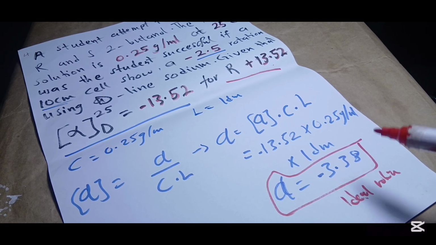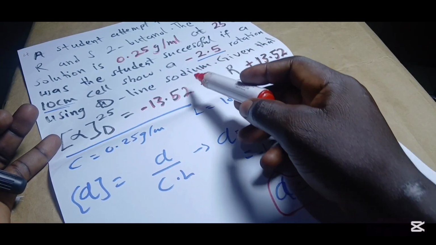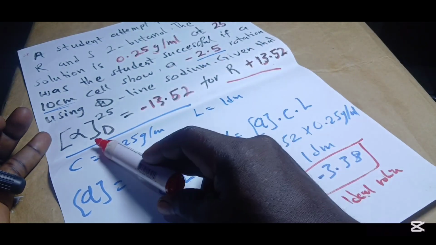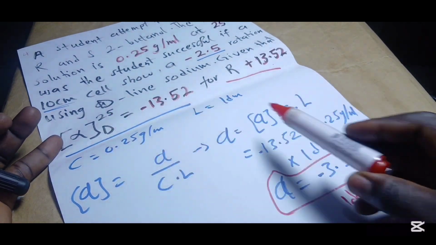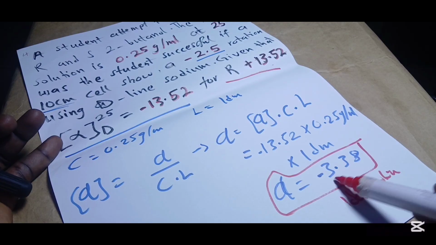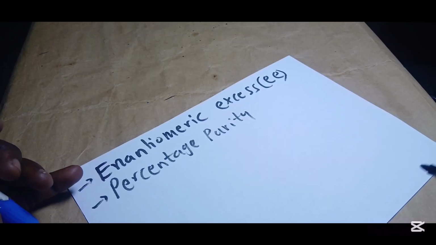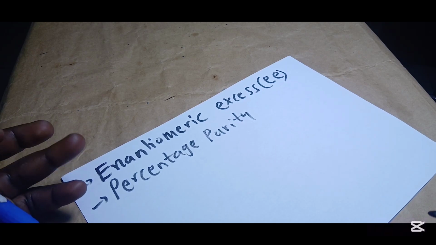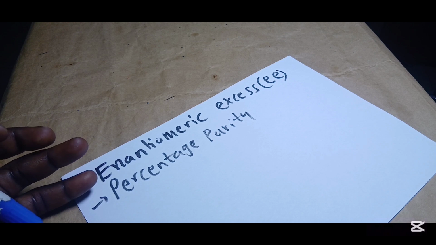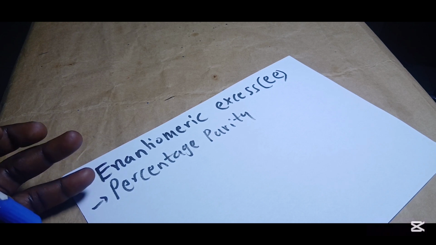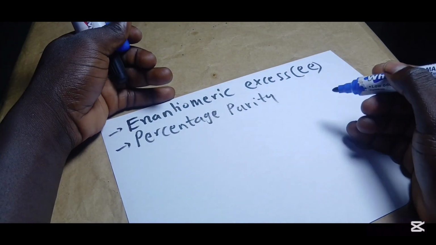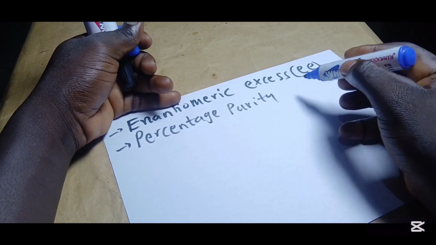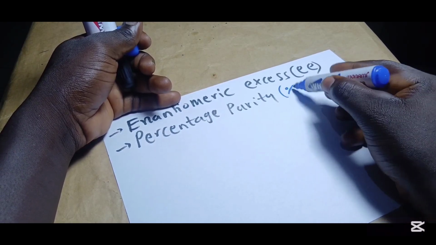So the student's observed rotation of minus 2.5 falls short of what this specific rotation requires. Enantiomeric excess or percentage purity, you can say either, is about the same thing. In a solution, this is calculated in percentage.